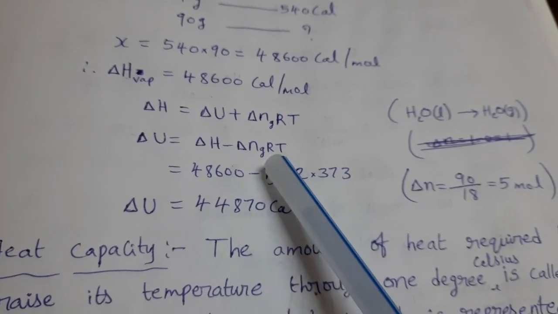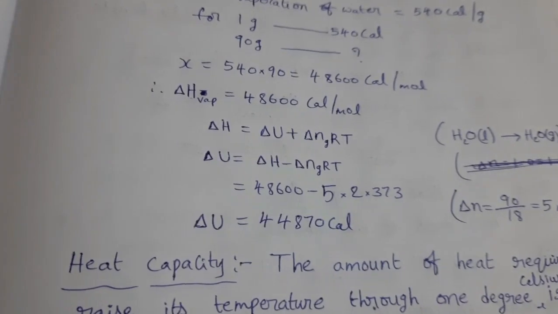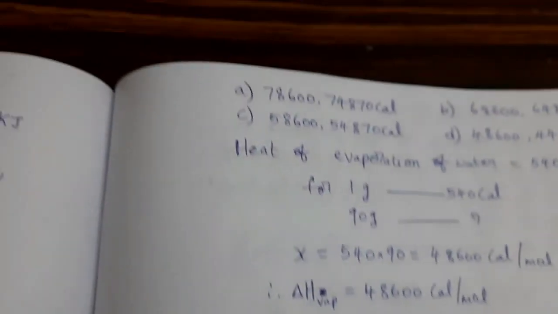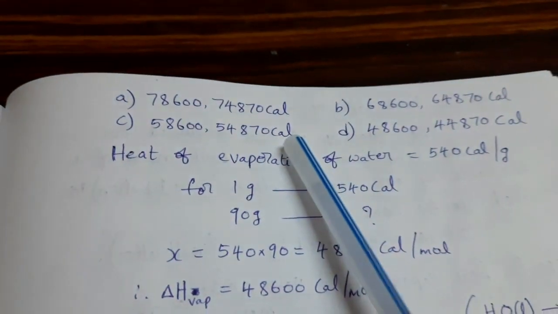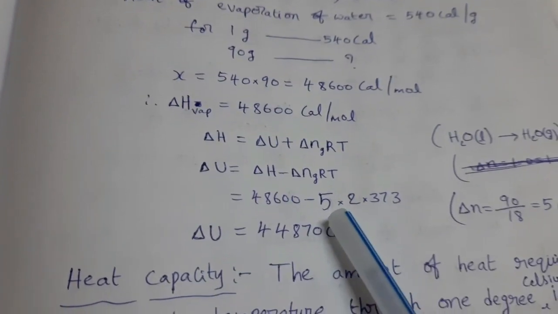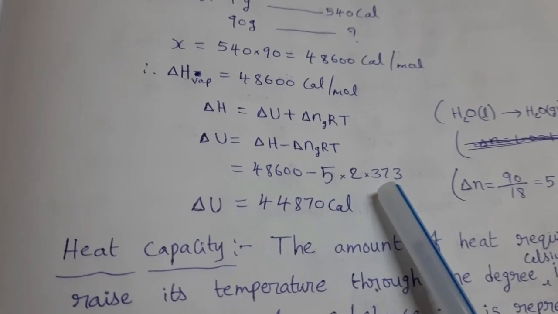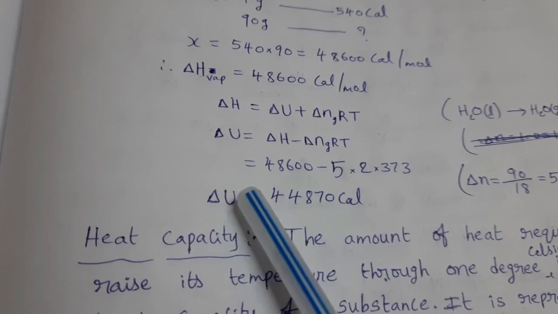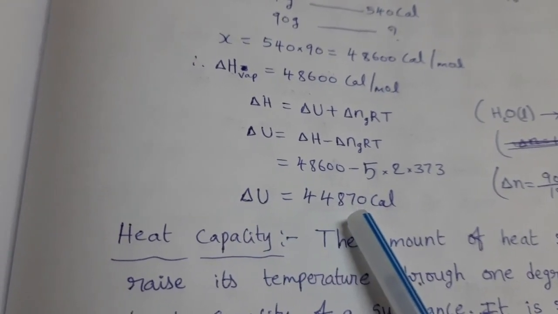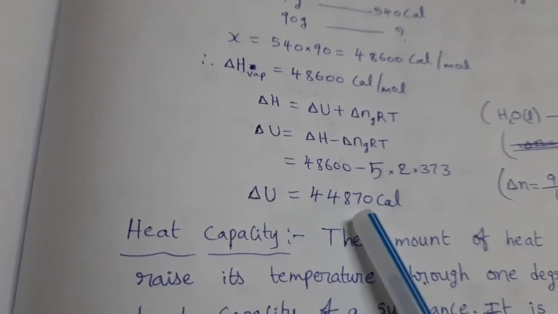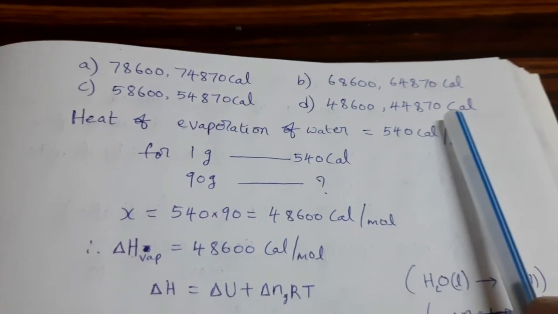Substitute that value. R value we should take in terms of calories, because here options are given in terms of calories. So 5 into 2 into temperature 100 degrees Celsius in terms of Kelvin 373. So delta U equal to 44,870 calorie. So what is the suitable option? Option D is the answer.